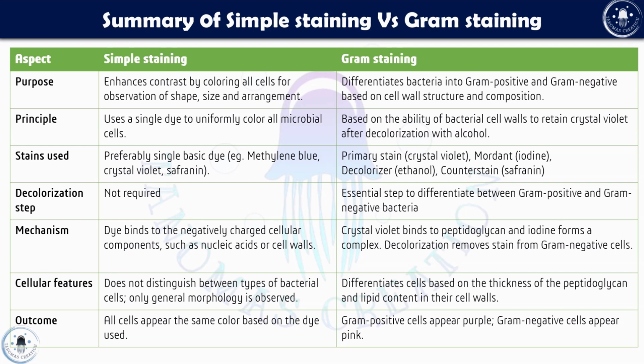Now, what is the outcome from simple staining? All cells will appear the same color based on the dye that is used. Whereas in gram staining, the gram positive cells will appear purple and the gram negative cells will appear pink or pinkish red. So this was a quick recap of the comparison between simple staining and gram staining.